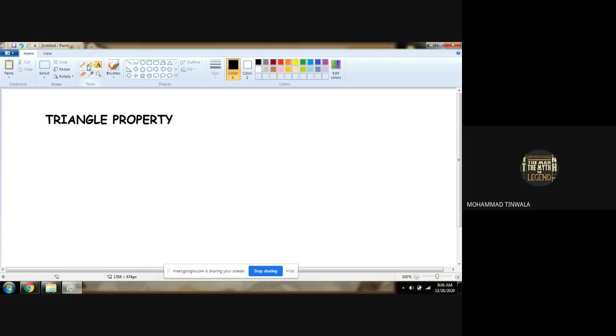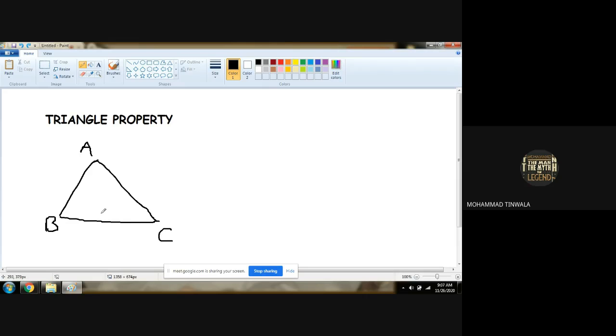For example, if I get one triangle like this, and the triangle is A, B, and C here. Now, for example, AC and BC are equal. Forget about this equal and unequal.